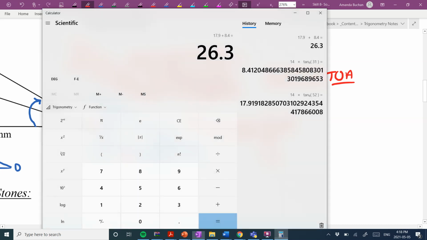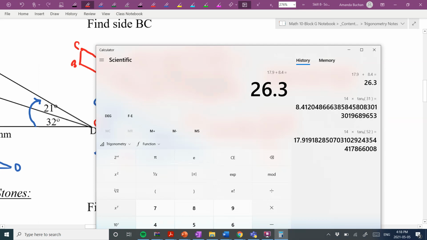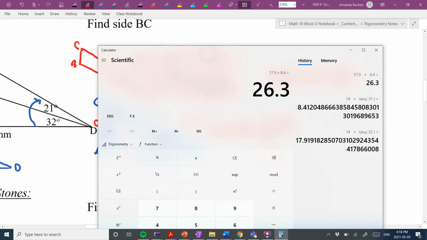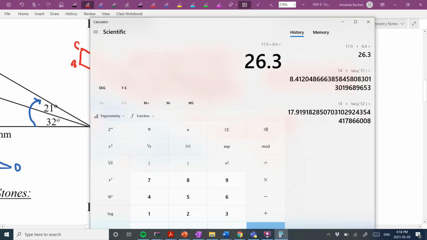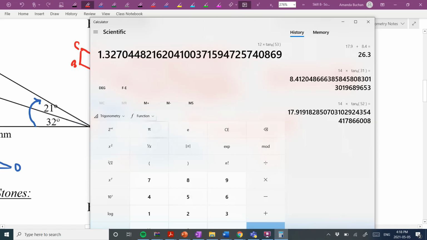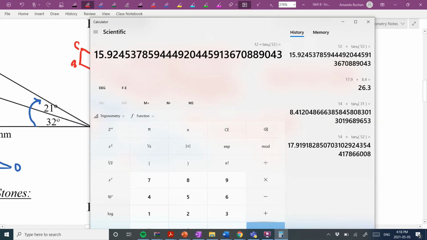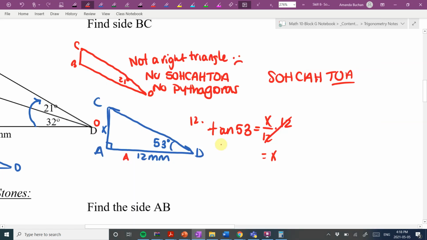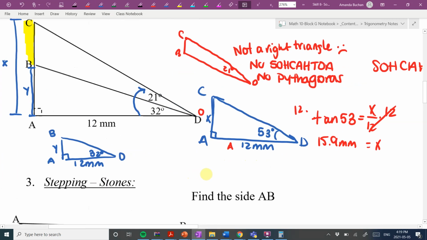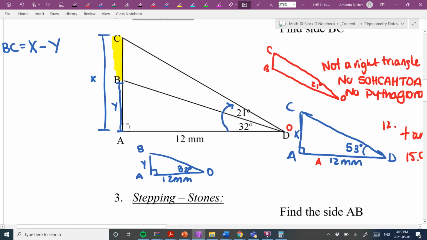So we're going to go to my calculator. 12 times tan 53 is going to be 15.99. So that means that side X that I found there, the big long one, is 15.99.